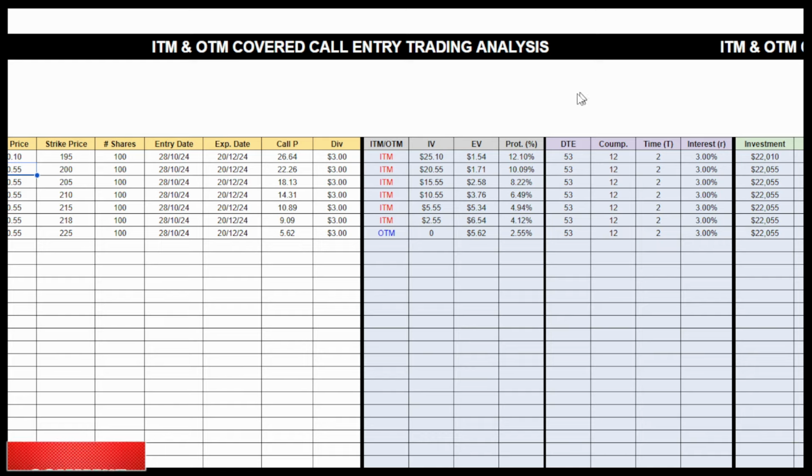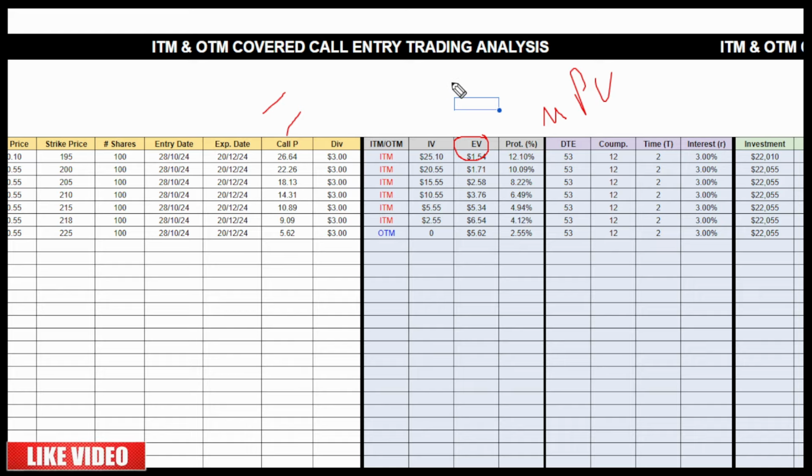All right, so in this case, our extrinsic value, all right, let me go back here. As you can see, our extrinsic value here, guys, is $1.54. Because don't forget, TastyWorks is using the mid price of the shares and the option. Here, I just got the price of the option and the stock. So you guys can see, all right?